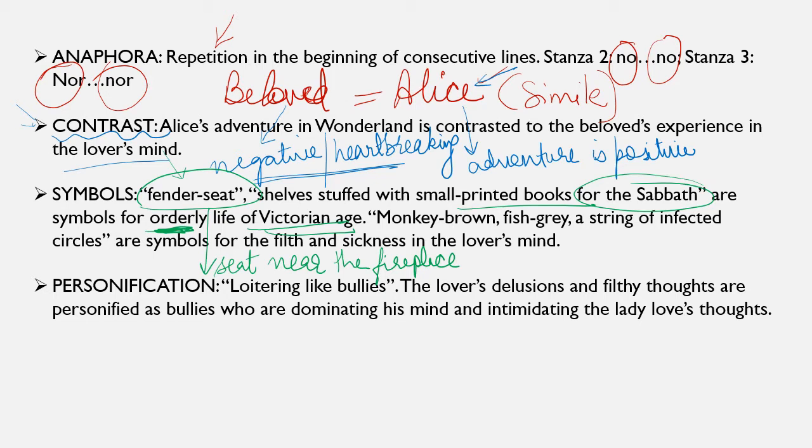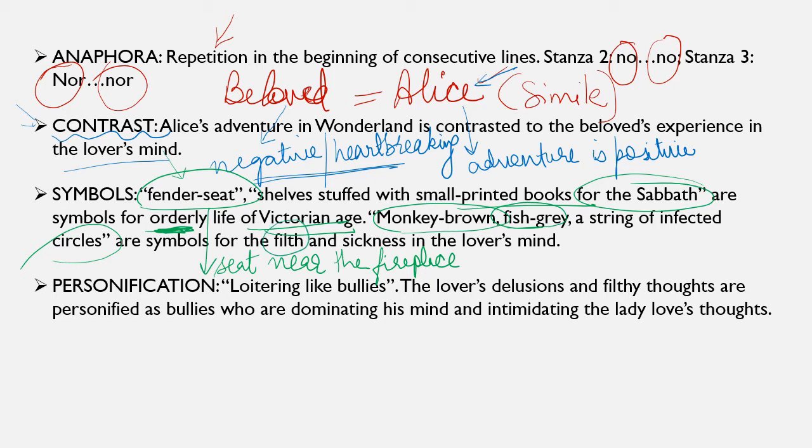Now the next symbol, an example is given: monkey brown, fish gray, a string of infected circles. All of these are colors: monkey brown color, fish gray color, and infected circles. They are symbols for the dirtiness of the lover's mind, the filth and sickness.